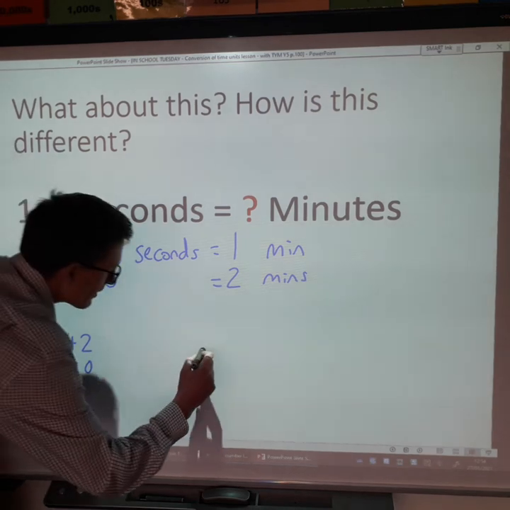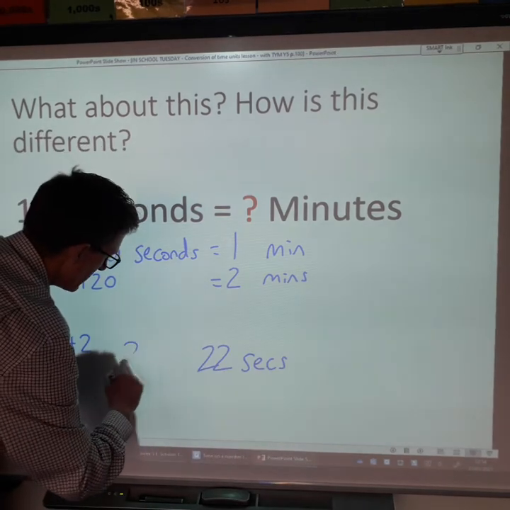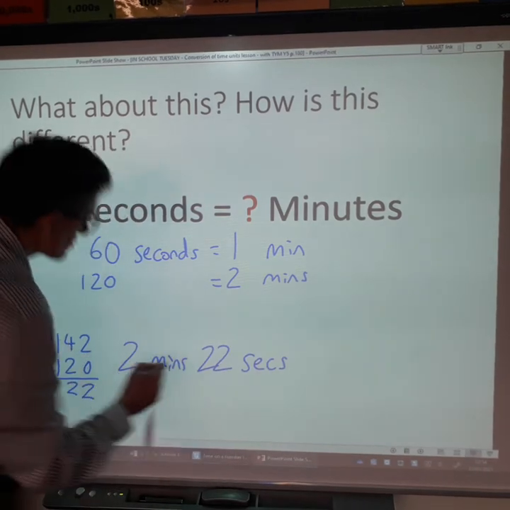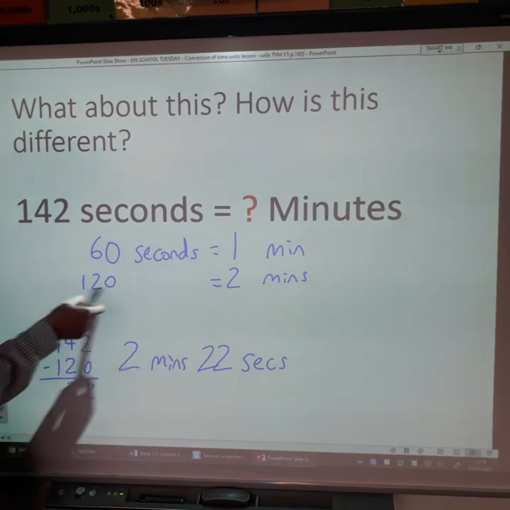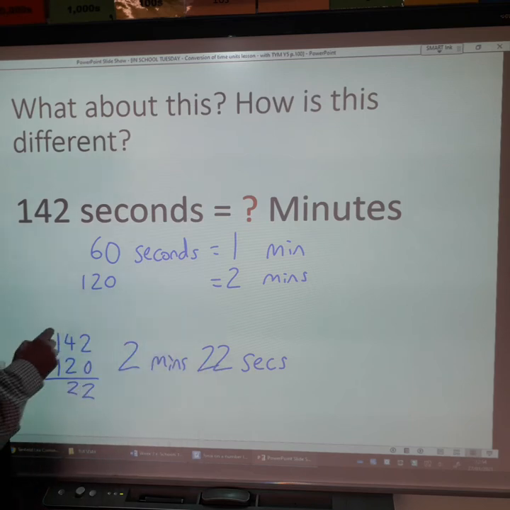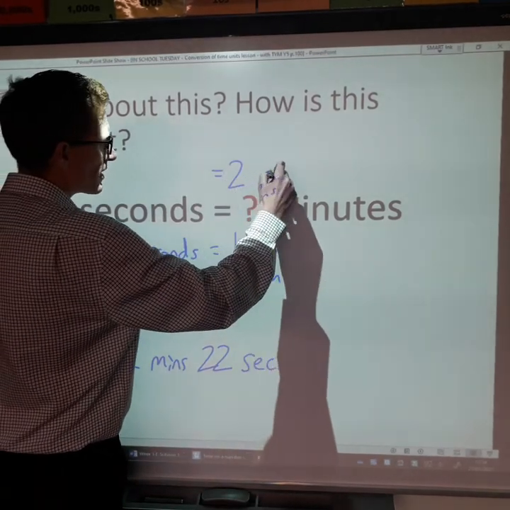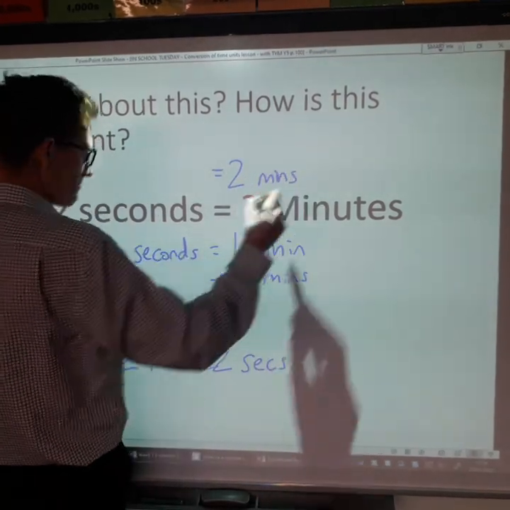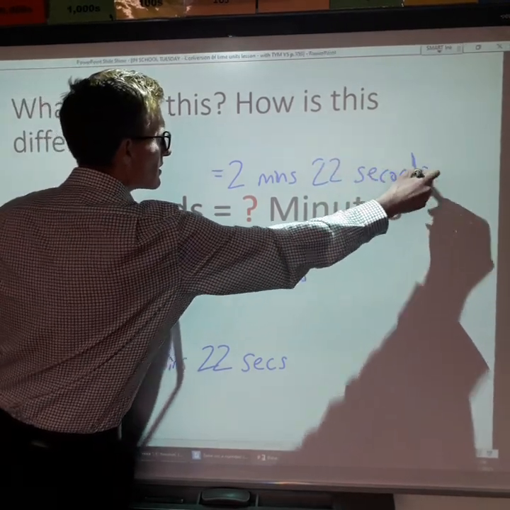Okay, so I'll write that down here, 22 seconds, and I already had my 2 minutes. So if I went back to my original calculation, we can say 142 seconds is 2 minutes, which is the 120 seconds, plus the 22 seconds, which will give you 142 seconds. So again, please write these all out for your teachers, but you're going to have the full answer like that.